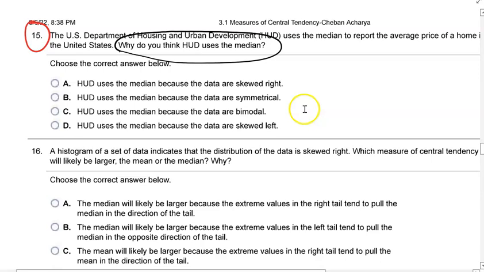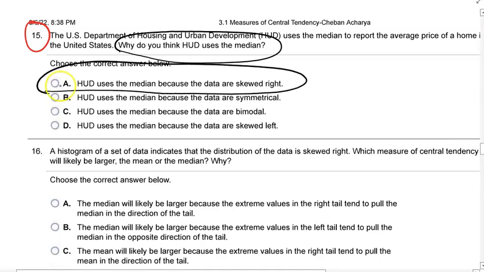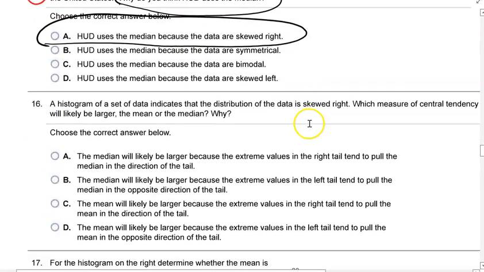Here the price of a home is skewed in what direction, right or left? The answer is the price of a home is skewed to the right. Therefore HUD uses the median because the data are skewed right.